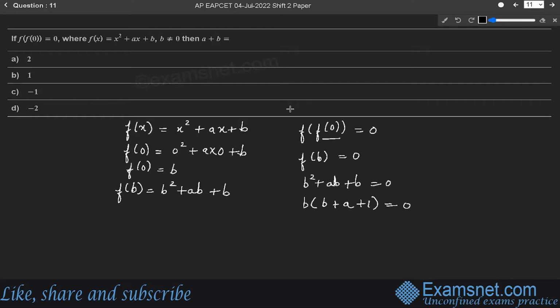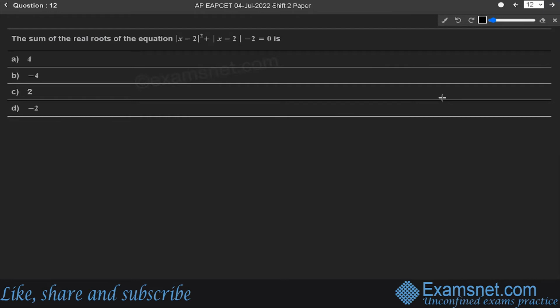Either b is equal to 0 or b plus a plus 1 is equal to 0. But in the question, it is clearly given that b is not equal to 0. It means that the other term, which is b plus a plus 1, is equal to 0. So from here, we can say that a plus b will be equal to minus 1. So the correct option for this question is option number C here.